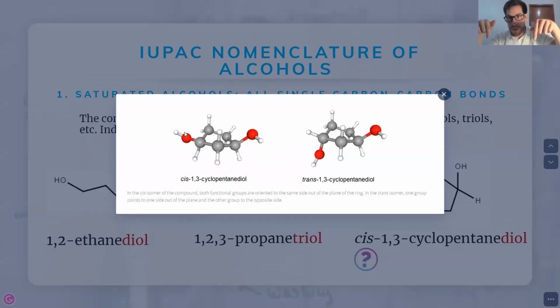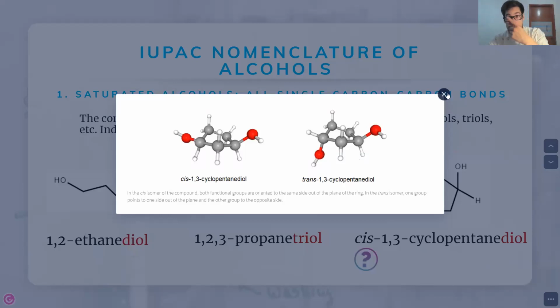Both up or both down. In the other type of isomer, the trans isomer, one group goes up and the other goes down, or vice versa, but they are facing opposite sides of the plane that forms the ring of cyclopentane.